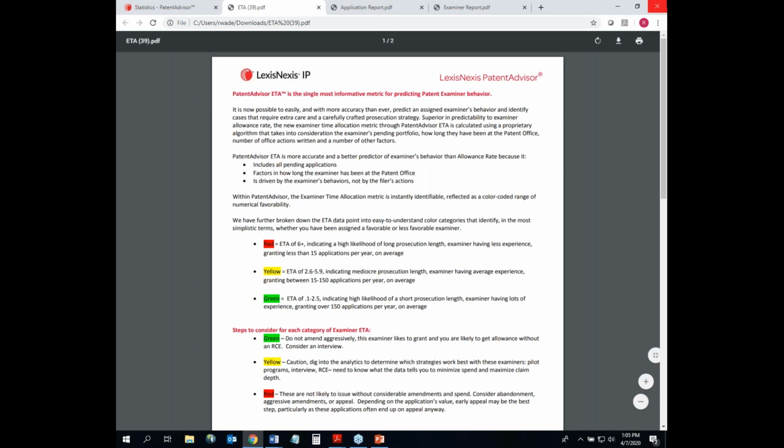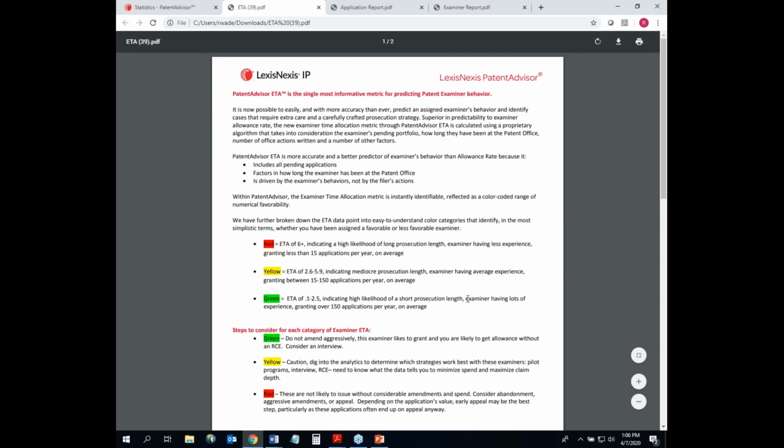We have 3 different categories for your examiner: green, yellow, and red. Green we're looking at as the most favorable examiner, so we're saying that their ETA is 0.1 to 2.5. What that is telling you is a high likelihood for short prosecution length.